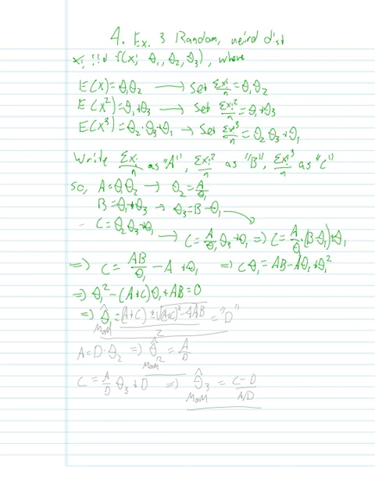So this means, using the quadratic formula, theta 1 equals (A plus C) plus or minus the square root of (A plus C) quantity squared minus 4AB, all over 2, right? Now, if we were doing this with an actual parameter, odds are one of the two possible values, because it could be plus or minus, wouldn't make any sense in terms of what possible values the parameter theta 1 could have.